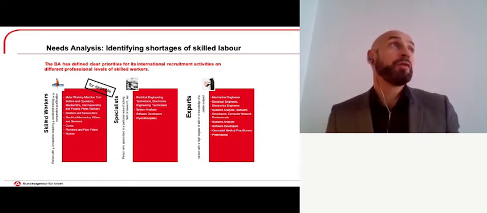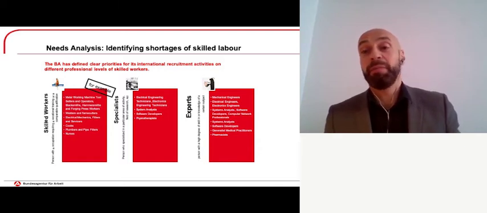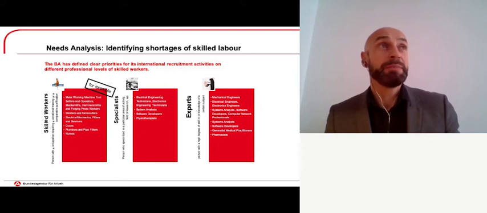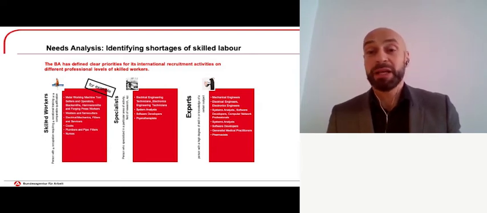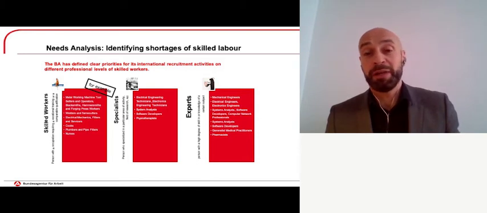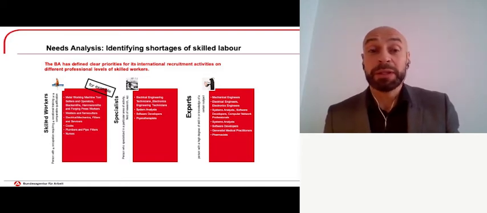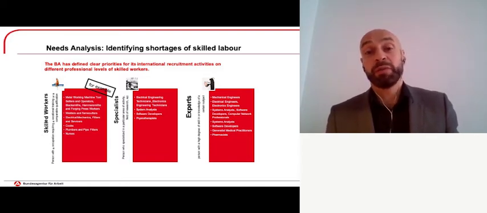And let me mention, of course, we can see also that the German labor market was hit hard by the Corona crisis, and we will probably see all the economic outcomes only next year. But nevertheless, from the surveys that organizations in Germany and German employers have done, we basically see in the midterm perspective that we will continue to need skilled workers from abroad.